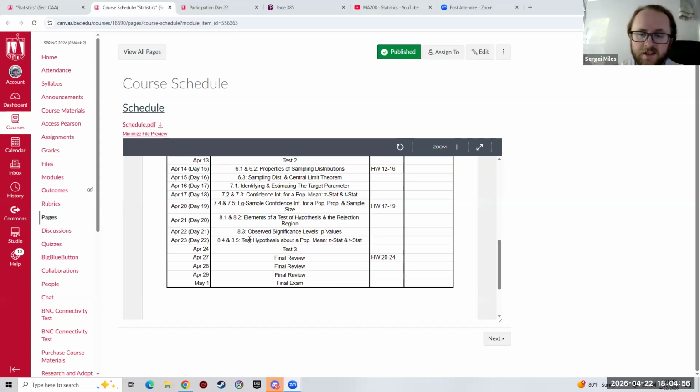Section 8.5, though, will be our last section of new material, where our concern is, okay, so we know how to do a hypothesis test with z-scores, which we can use so long as the sample size is large enough. But if the sample size is less than 30, then we can't use the z-scores, in which case we have to change up how we do our hypothesis test.